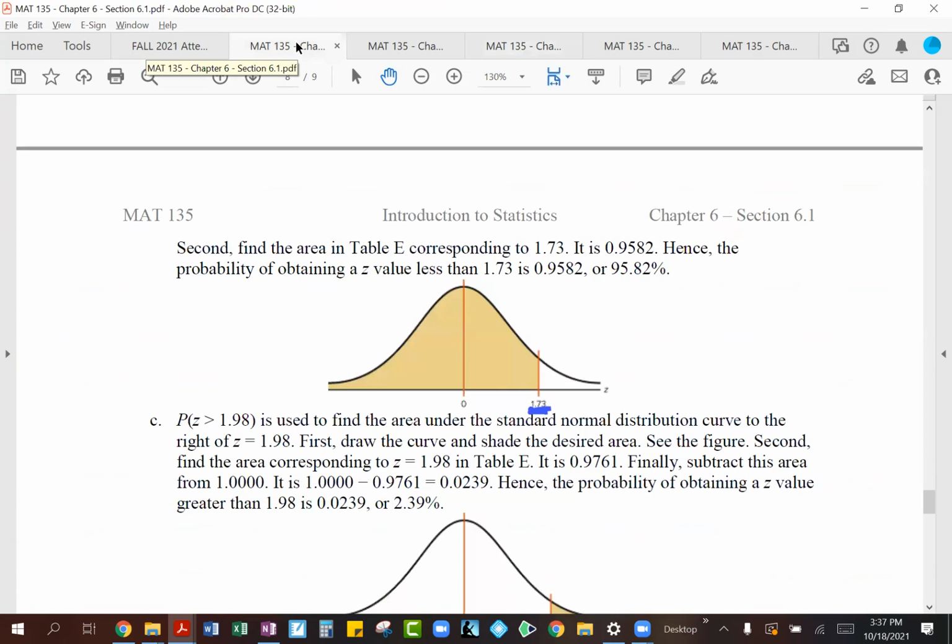So this entire area where you have the 1.73 and all the way to the left is shaded. That together makes up your 0.9582 or a chance of 95.82%. So less than is literally straightforward because you just look at the table, whatever area you get, that's it.